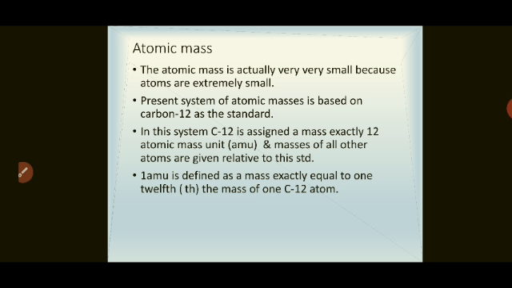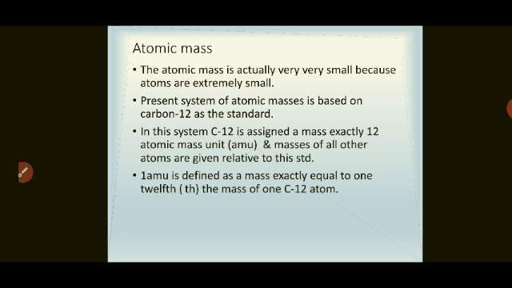And by comparing the masses of other atoms, we can measure the atomic mass of the elements. Now, how is this compared? It's just like, see, if I want to see the marks, whether one person is good or has less marks, I have to choose one standard, right?